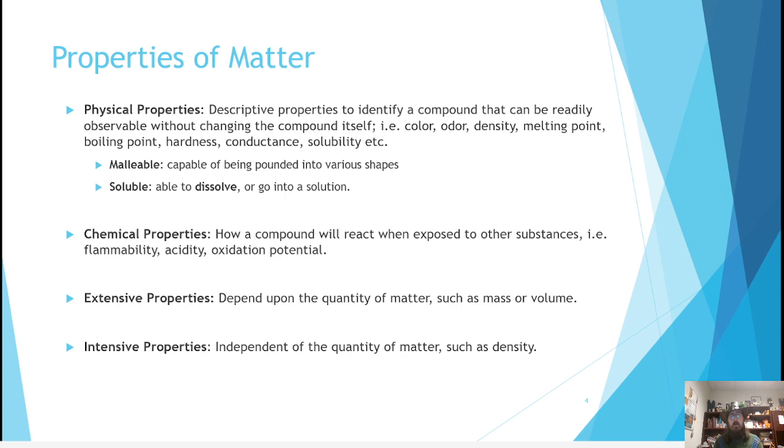It can be observed without changing the compound itself, or at least without changing the chemical composition. So the color of a compound can help identify what the compound is. The odor is the smell it gives off, though that usually means chemicals reaching your nose and being absorbed.